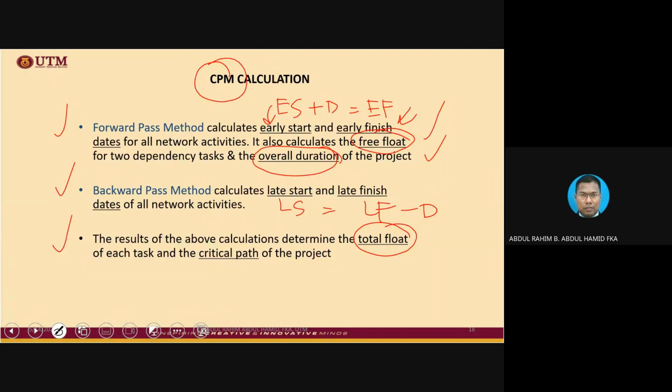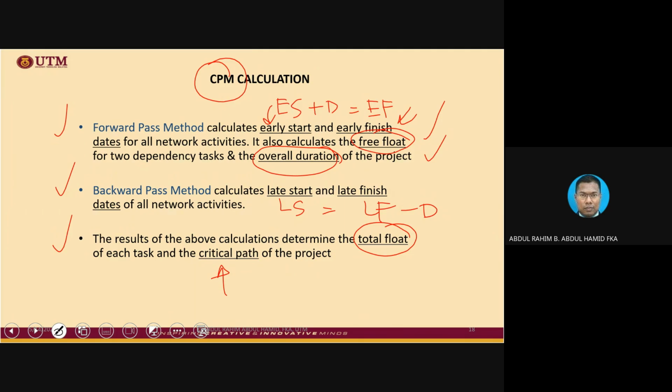We can use the formula that I always teach you, or there is a simplified formula for the AON or PDM diagram. And at the end of the day, we are going to understand which are the critical activities.